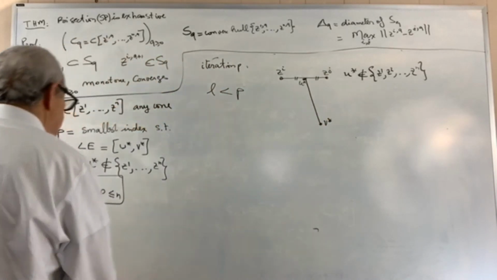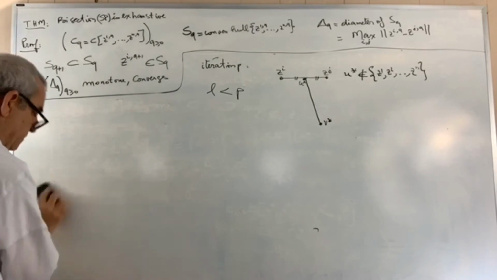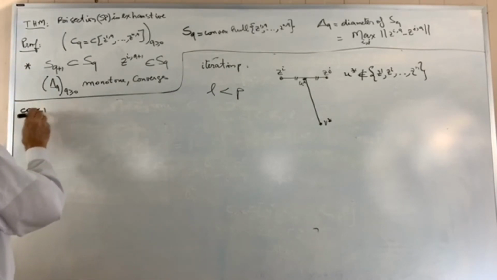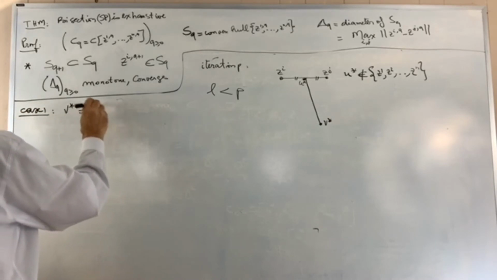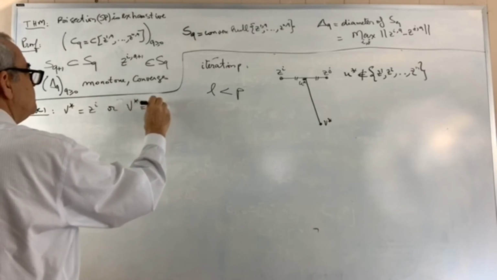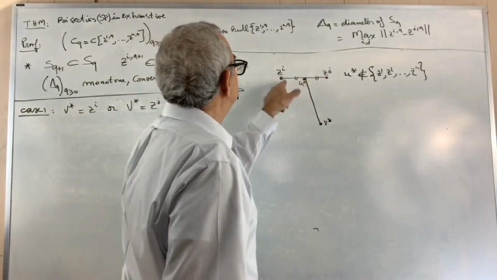Okay. Now, there are two cases now. Case one, V star is equal to Zi, or V star equal to Zj. It so happened that this V star is one of these two.